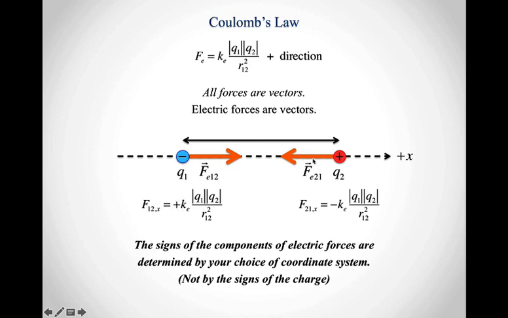The force on charge 2 by charge 1, where charge 2 is pulled back to the left, needs a negative out in front. The important detail is, again, these absolute value signs. The sign does not come from the signs of your charges. We're just using this expression, kqq over r squared, to get the magnitude, and then the sign is up to us because it depends on what we've done with our coordinate system.